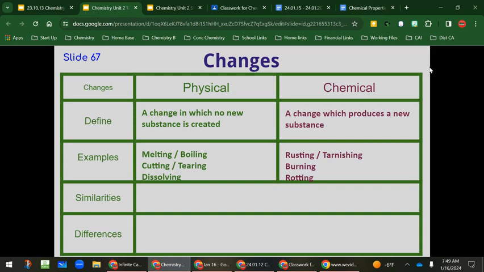Okay, now let's go back. What happened to the aluminum foil in your lab last week? No, it did not dissolve. It did not burn. It actually reacted with the substance in there. Dissolving means that it stays the same. It breaks into tiny pieces. Sugar dissolves, salt dissolves.